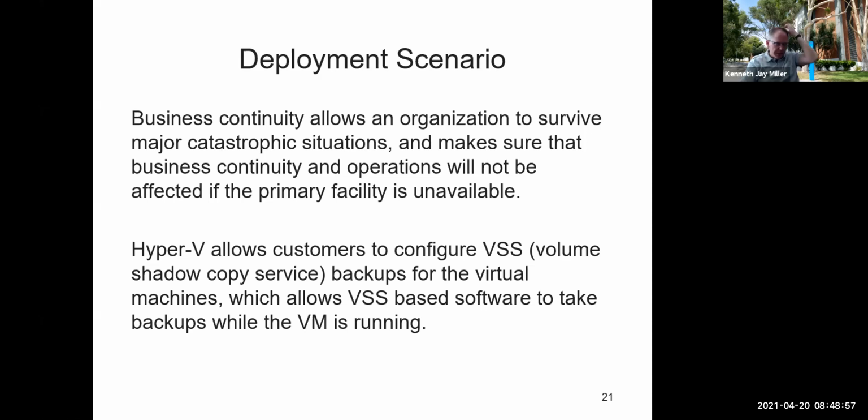So the operations will not be affected if the primary facility is unavailable. Now, Hyper-V uses a Microsoft technology known as the Volume Shadow Copy Service, the VSS. And the VSS is the same technology that's on our workstations.